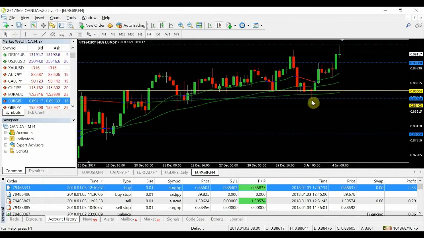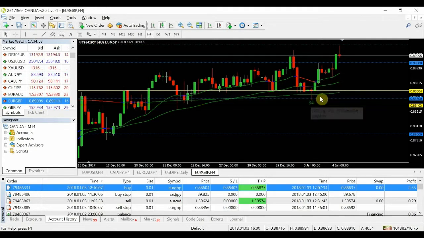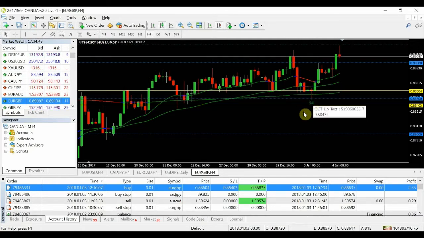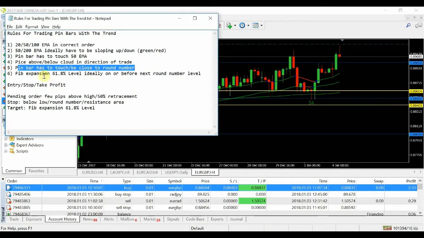You can see here that this pin bar closed on this round number. And you can see on the next bar that it also respects this level. That's where I think it's quite important. I really liked that placement of the pin bar where the low formed, right on that round number. So that's the bit I liked.